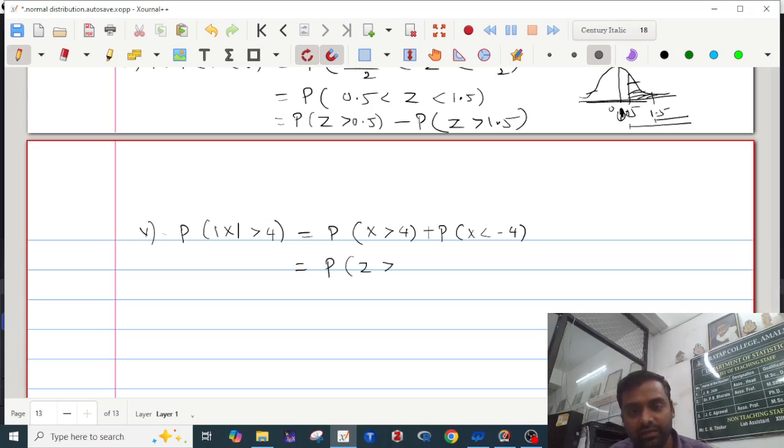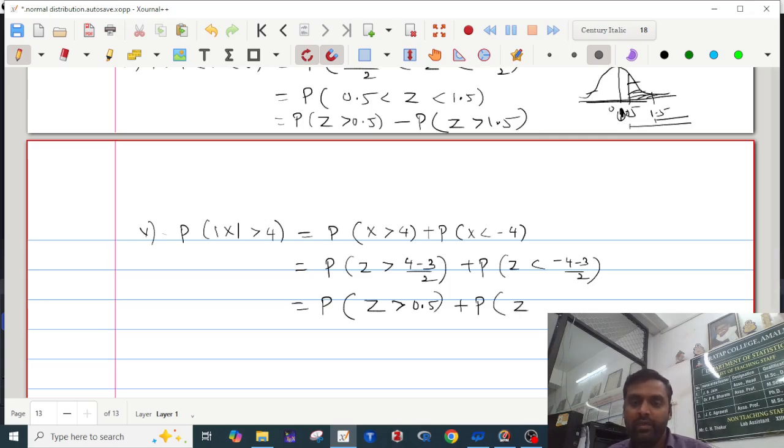So z greater than (4 minus mean 3)/2, probability of z less than (4 minus 3) is 1 upon 2. And for the other, 4 minus 3 minus 7, minus 7 upon 2 is 3.5.